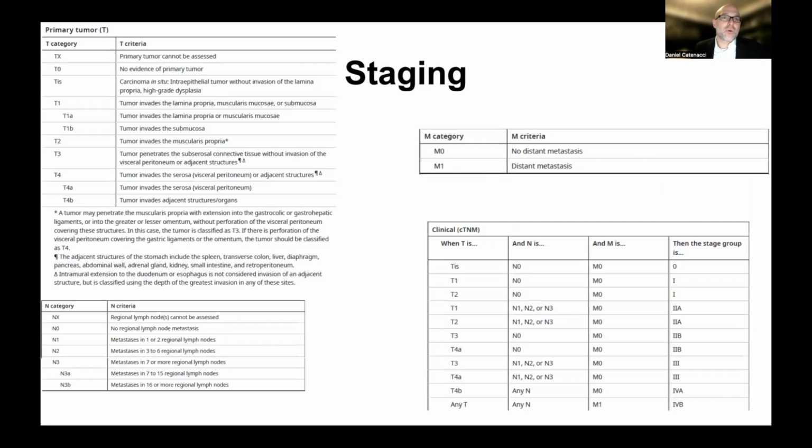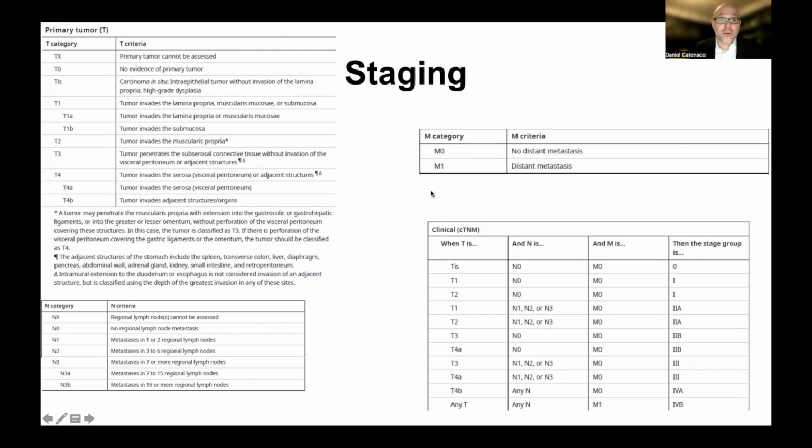So remember, from the staging, which we see here in the table, that you can see the different T stage based on the criteria of how deep the tumor has invaded. So that's the primary tumor. We see the N stage listed here, which is basically how many abnormal lymph nodes are involved. And over here, whether or not there is metastatic disease distantly, including, as I mentioned, lymph nodes outside of the regional setting.